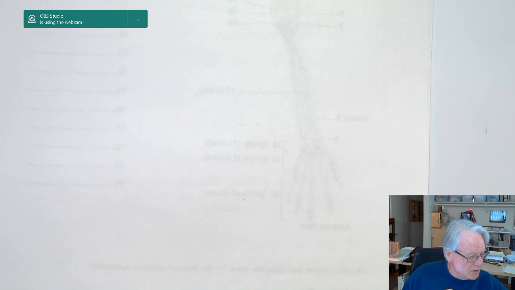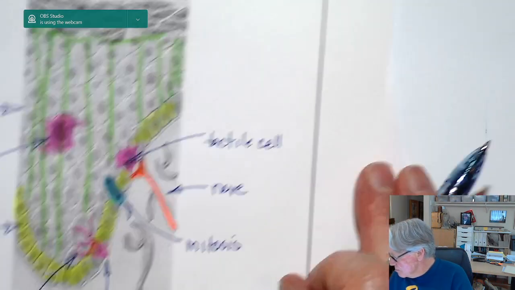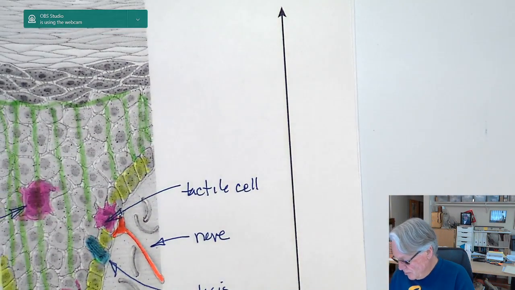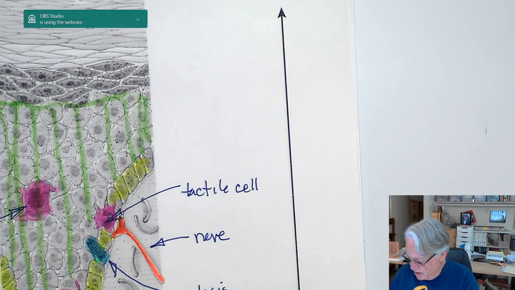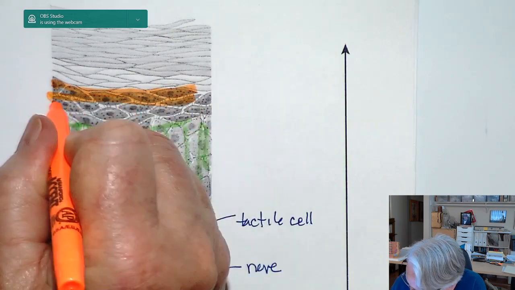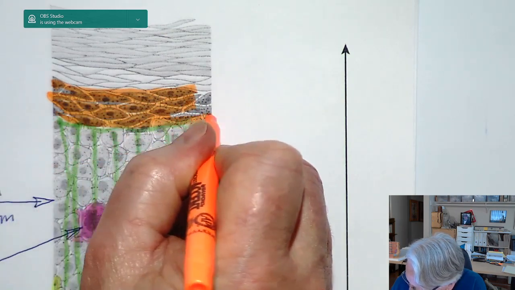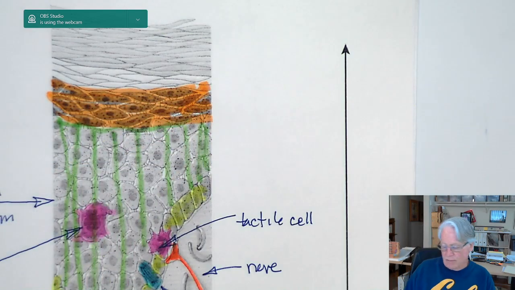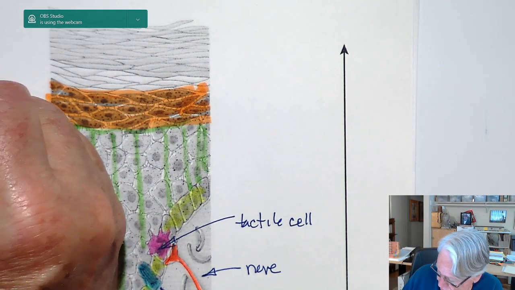Okay, so let's come back to our drawing. And we'll establish this as orange. Okay. And that is the stratum granulosum.